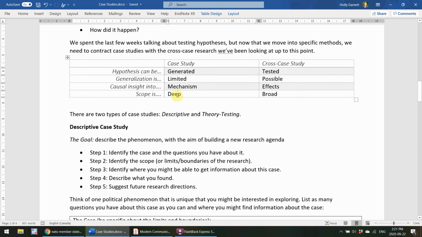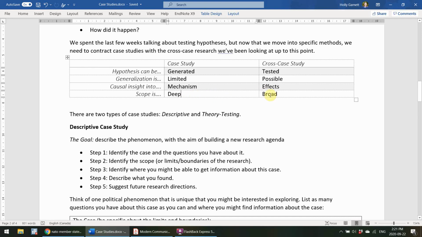And then finally, in a single case study or a small n case study, you can go really deep, whereas in a cross case study, when you're looking at, say, a whole bunch of countries, you have to go much more broadly. So I might be able to talk really specifically about an election campaign in Kingston and the Islands riding, but I can't say much about ridings in general and elections in general.